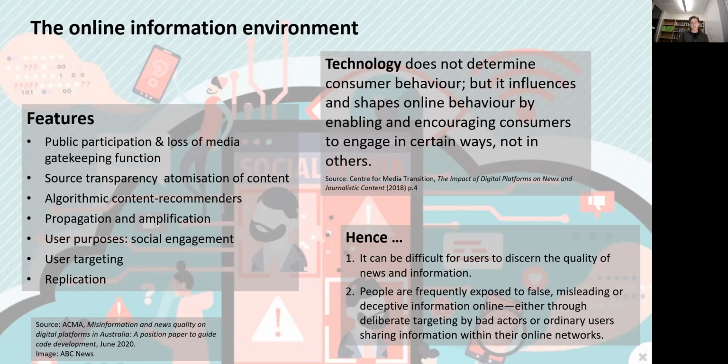So all these kinds of features that we were just looking at work together to create this environment that enables the easy propagation of misinformation and other problematic content. The reason being, it can be very difficult for users to discern the quality of news and information and to distinguish poor quality information from high quality information. And it also means that people are frequently exposed to false, misleading, or deceptive information online, either through deliberate targeting by bad actors or ordinary users sharing information within their online networks.